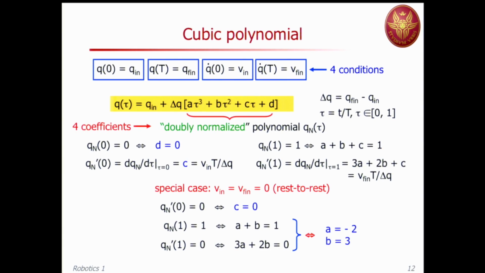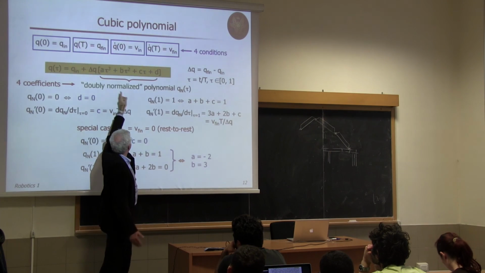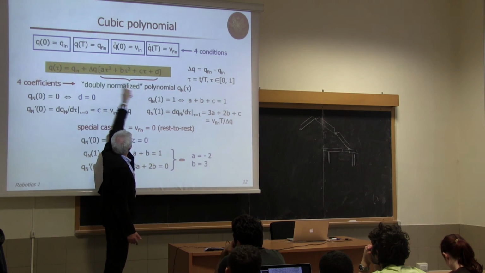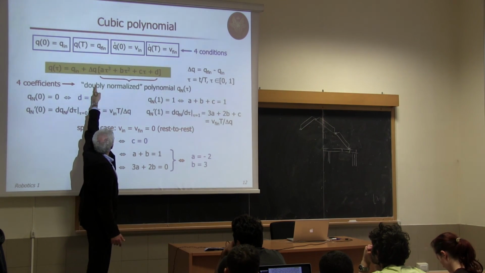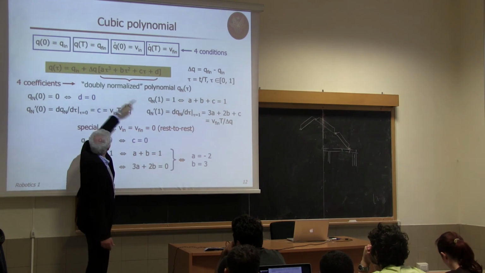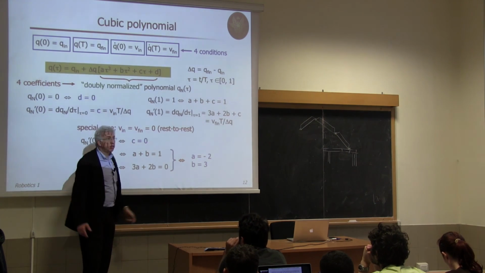Now, pay attention. Tau goes from 0 to 1, but also this polynomial now needs to go from 0, when time is 0, to 1, when original time t is capital T, or the normalized time tau is 1. Why? Because at the end of the motion, delta Q is Q final minus Q initial, plus Q initial gives Q final.